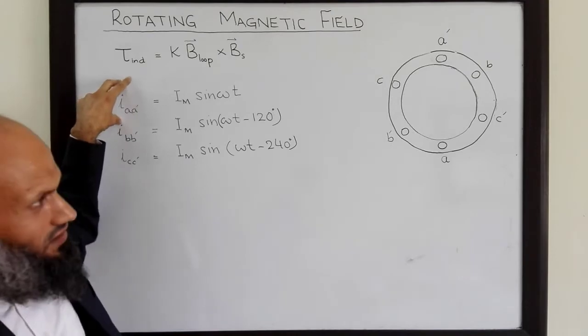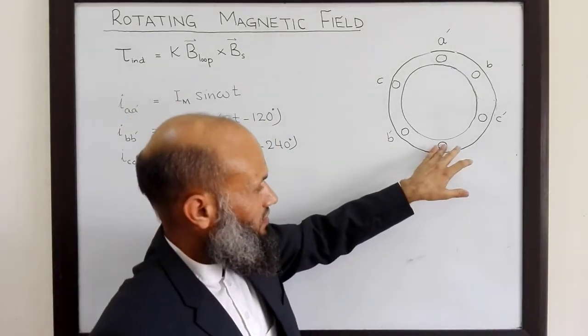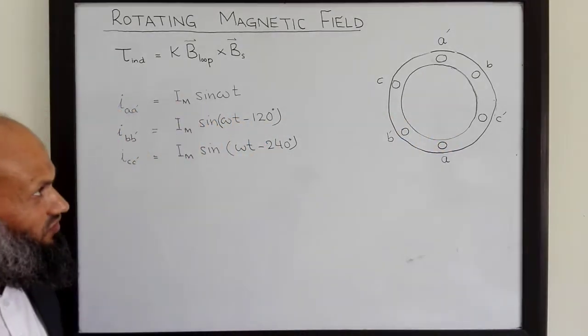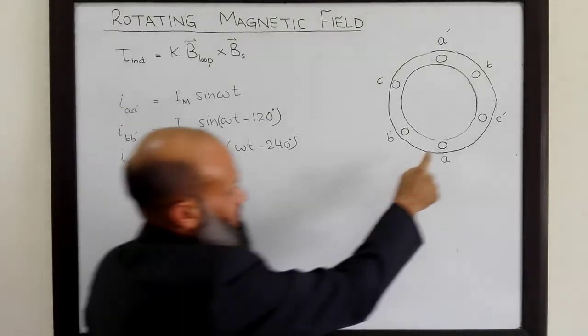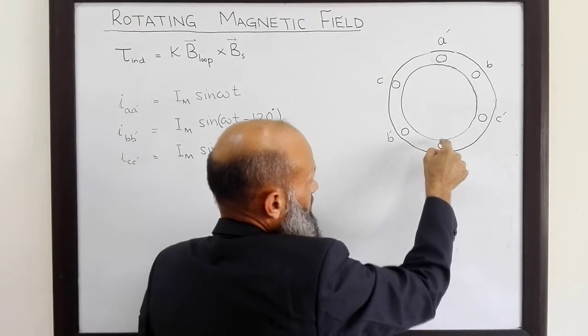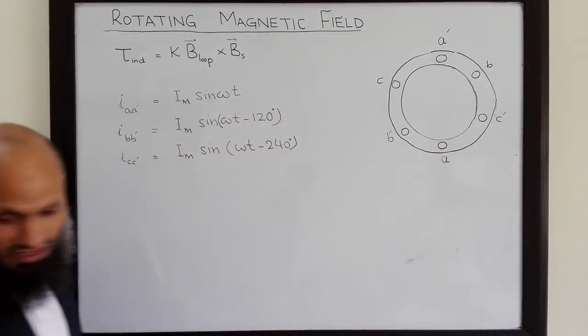And we know that a current carrying coil has its own magnetic field. For example, this current I AA dash flowing in this coil will produce its magnetic field.